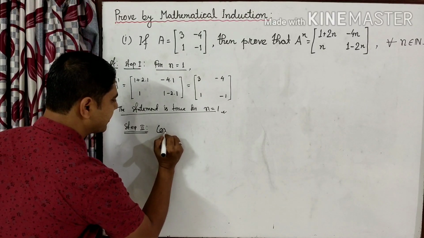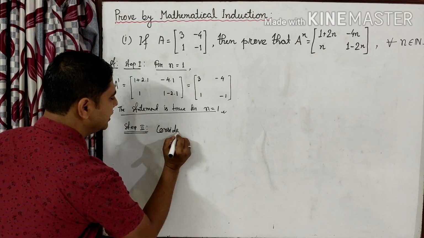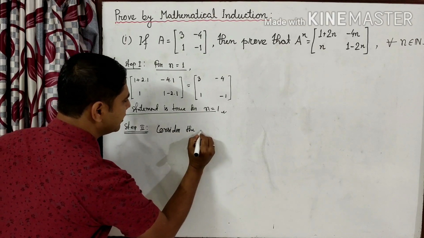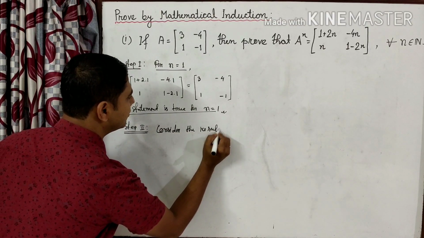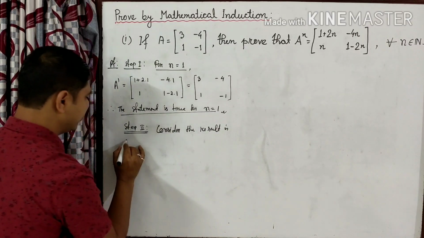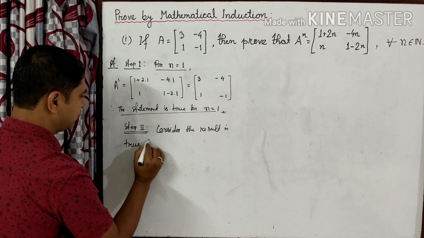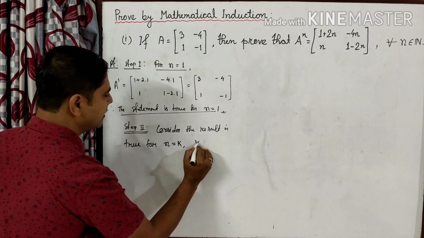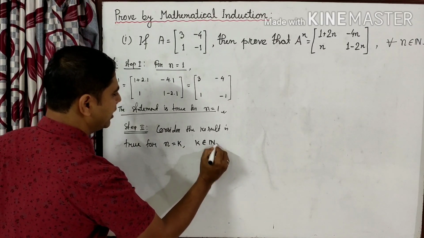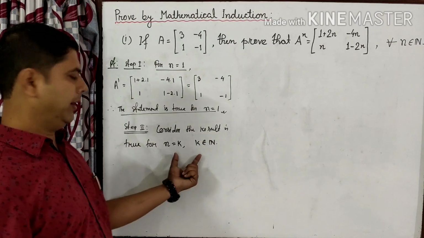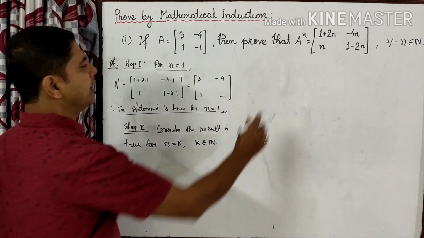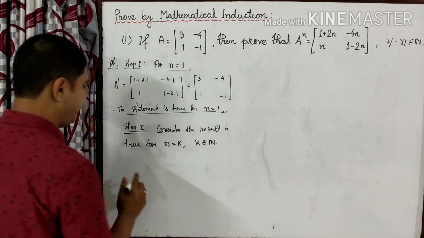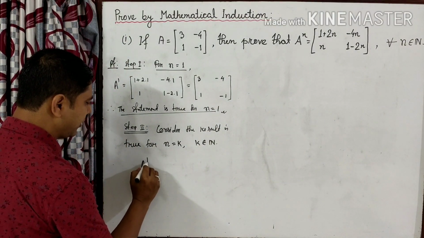Consider the result is true for n equal to k. What is the value of k? k belongs to all the natural numbers.